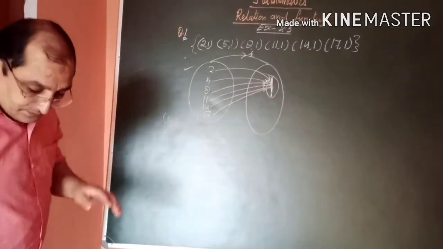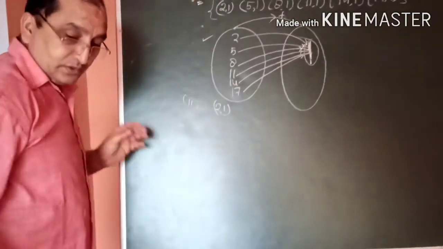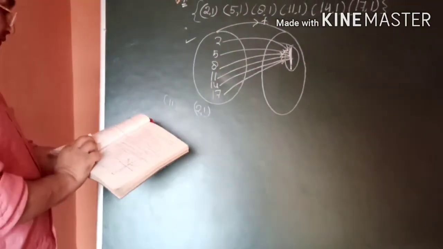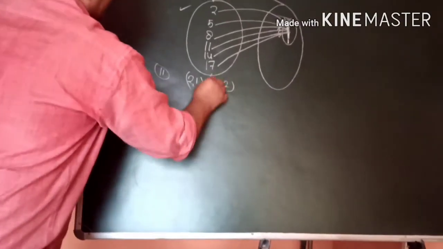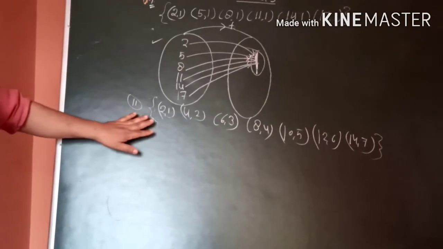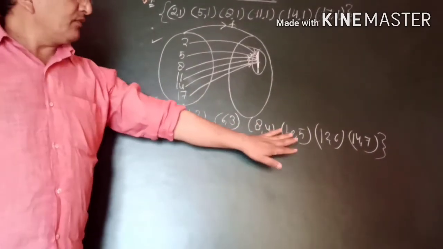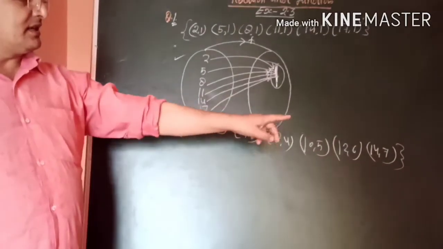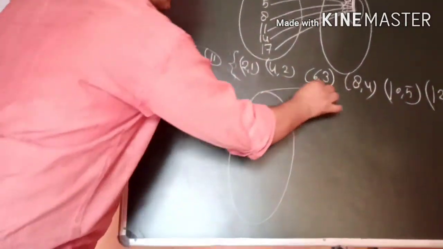And the second one is (2,1), (4,2), (6,3), (8,4), (10,5), (12,6) and (14,7), and we have to find whether this relation is a function or not.